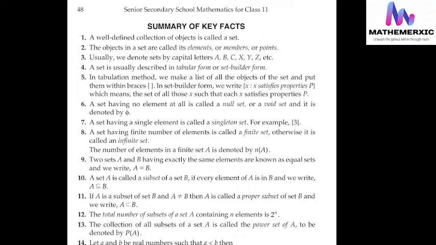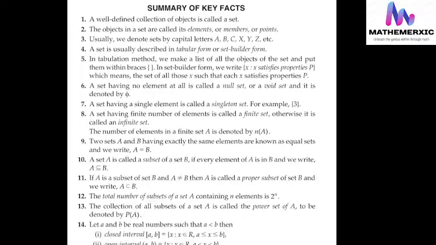A set having no elements at all is called a null set or void set, and it is denoted by phi. Don't get confused whenever we say phi. Phi is a set representation and not an element, so it is sufficient to denote only phi, which has no elements. If we denote it with braces, it can be an element of a particular set, but we don't denote it like that.